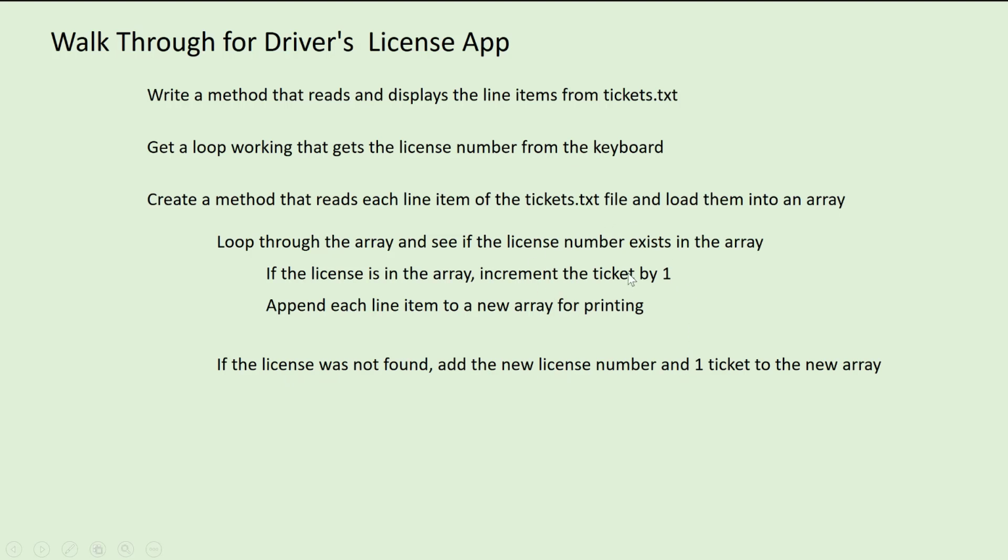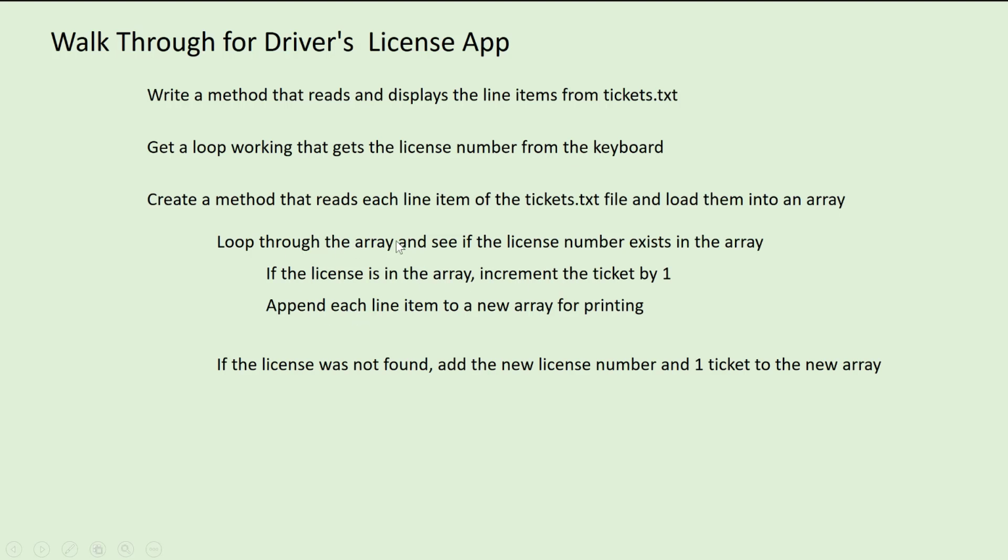So I'm rewriting all of the elements that were in the tickets.txt file with this loop into a new array. If it found a matching license, it's going to increment it by 1. If it didn't find a matching license number, it simply appended that record to my new array.